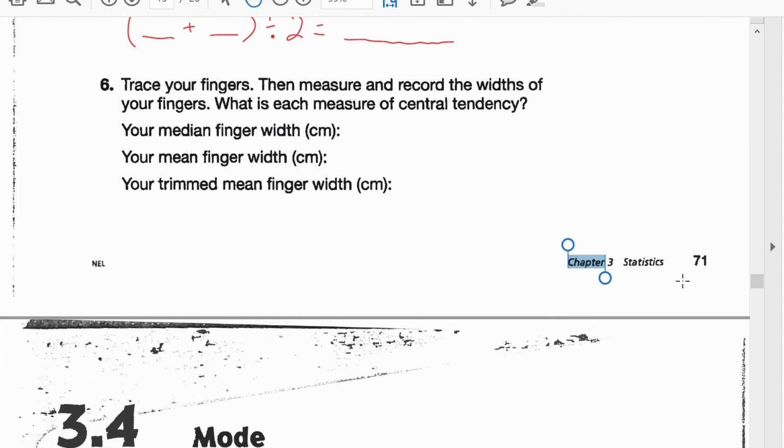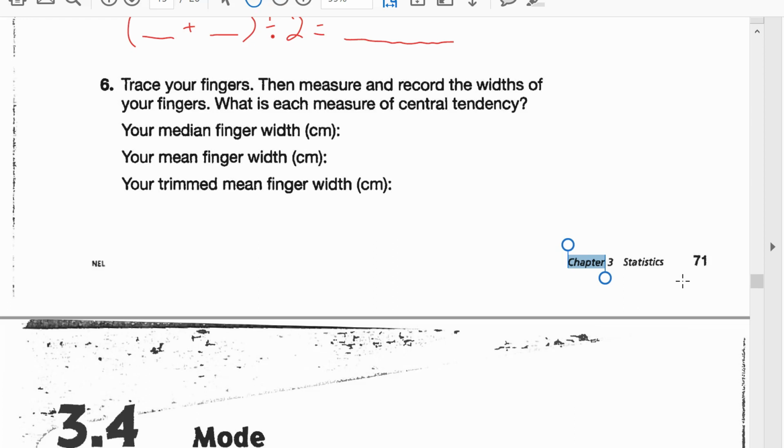Next, trace your fingers, then measure and record the widths of your fingers. What is each measure of central tendency? So your median finger width, I guess I'll just use mine. You can measure yours and see the difference. So I traced out my hand on a piece of paper, took a ruler, and measured my fingers.